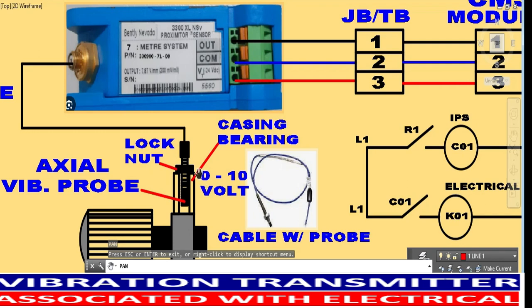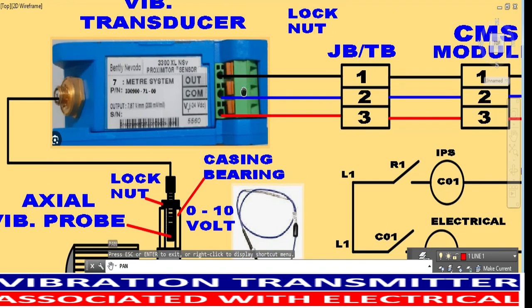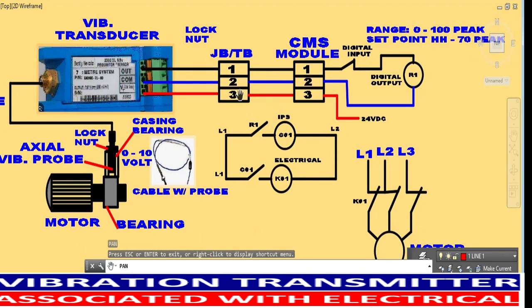Here, the connection from this point goes to the vibration probe. This vibration transducer performs mechanical to electrical energy conversion. The vibration is converted to an electrical energy signal, which is sent to the CMS.